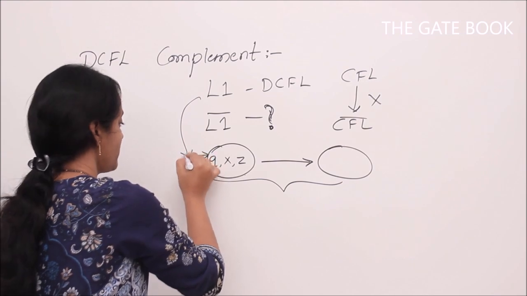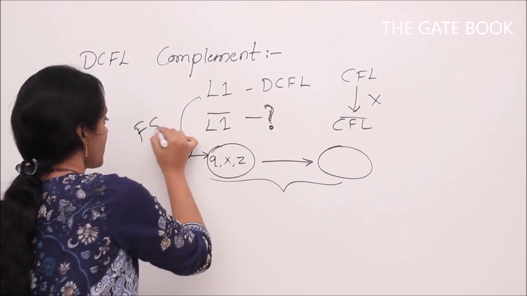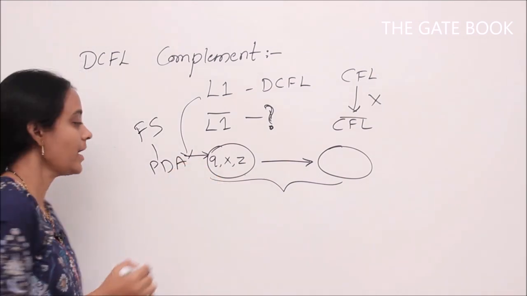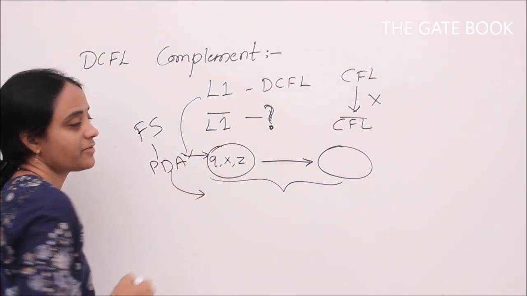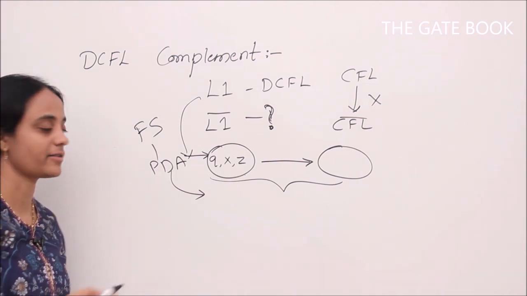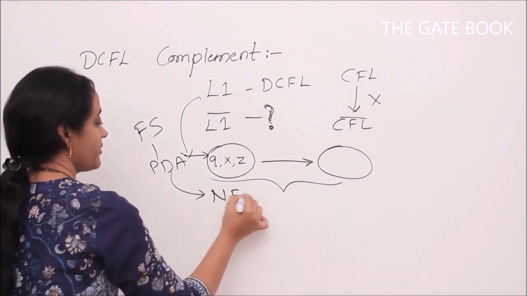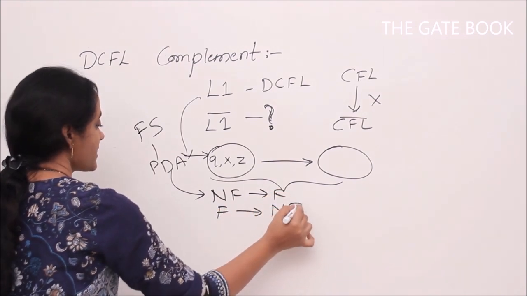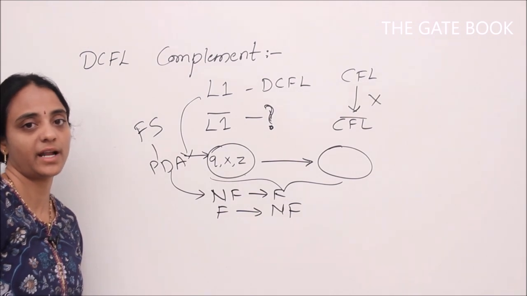Using the final state mechanism, there is a PDA. Then in that PDA, I interchange all the final states to non-final and non-final to final. Then it will exactly accept the complement language, right?